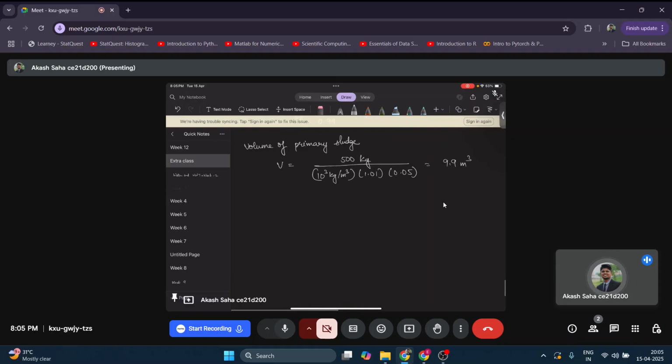Now what will be my volatile matter percentage after the digestion? Total volatile solids after digestion by total solids after digestion.